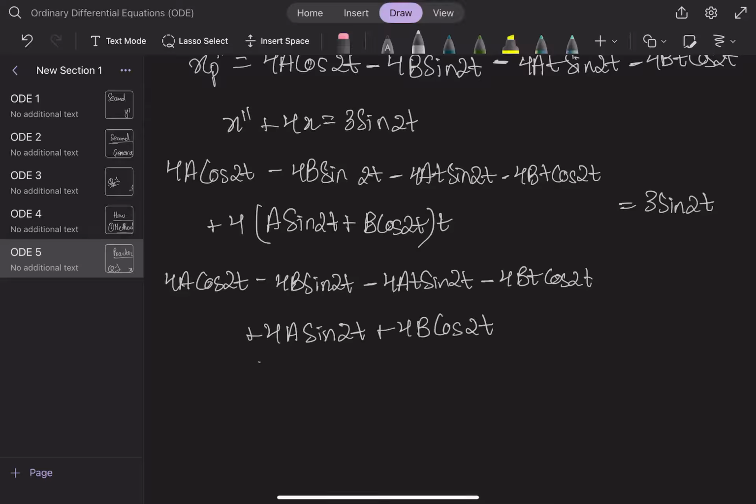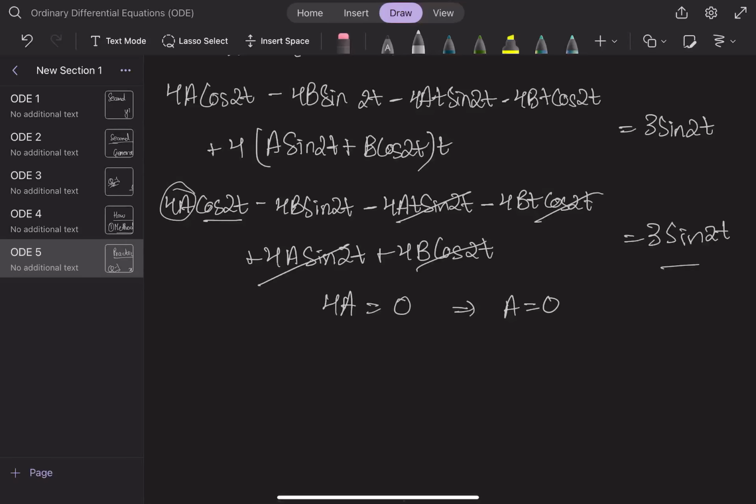As you can see, these terms will get cancelled, is equal to 3 sin 2t. So as the coefficient of cos 2t on this side is 4a and over here it's 0, so 4a is equal to 0, which means a is equal to 0.